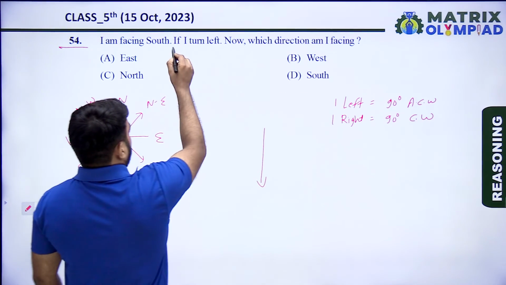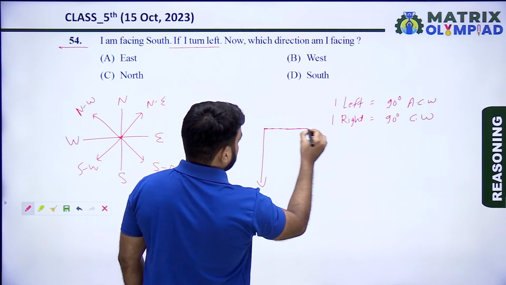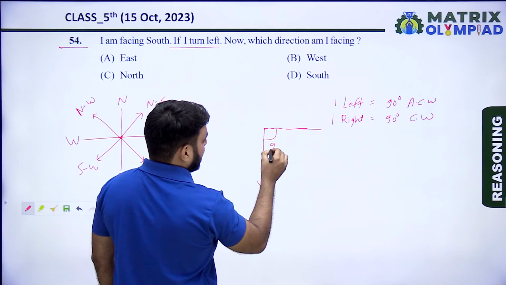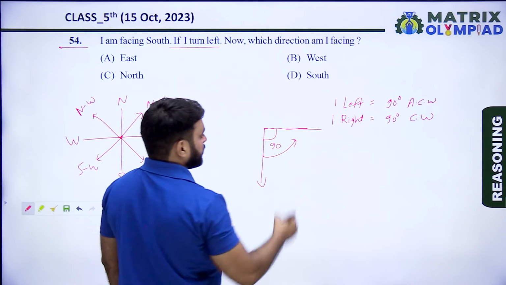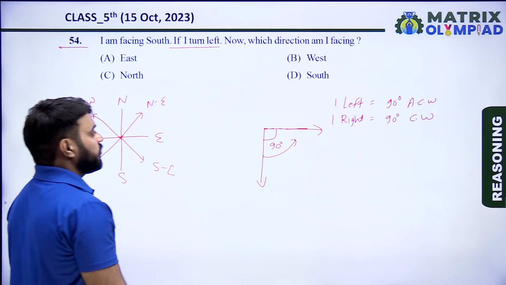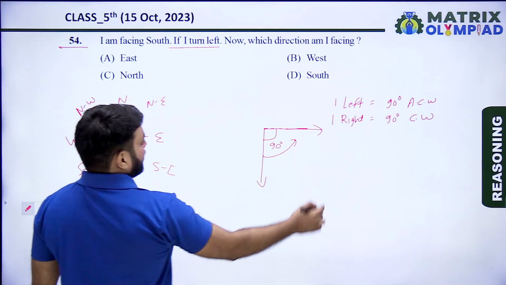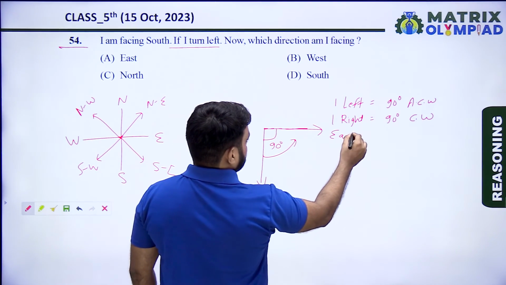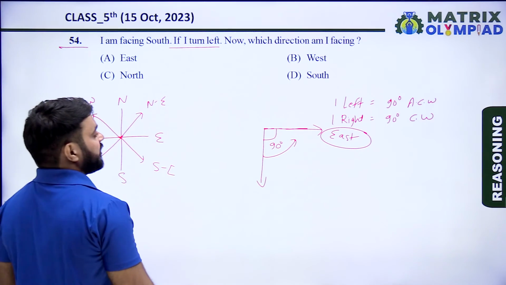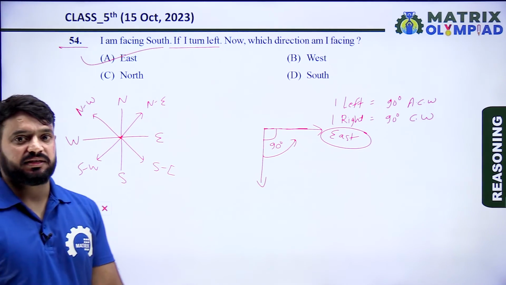So if I turn left, it means 90 degrees in the anti-clockwise direction. So my final direction is east. So I am facing east. It means option A is the correct answer.